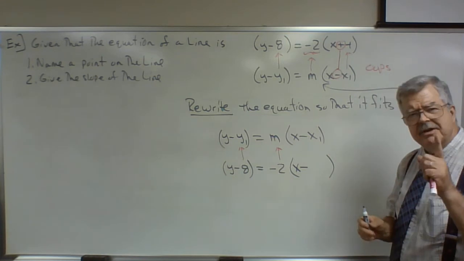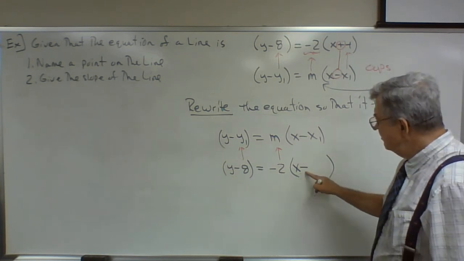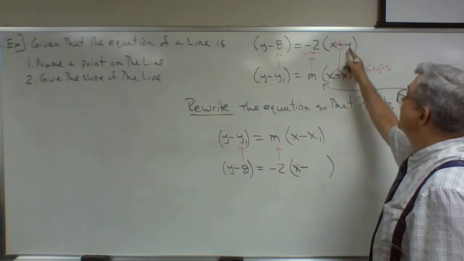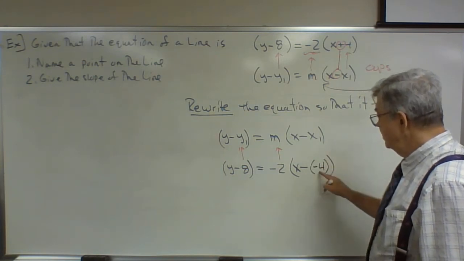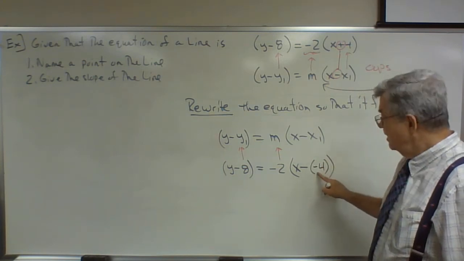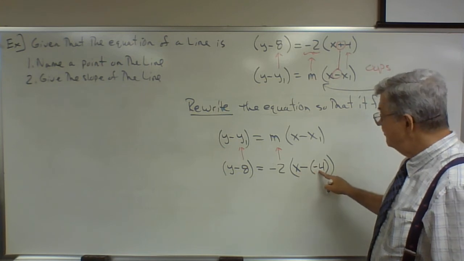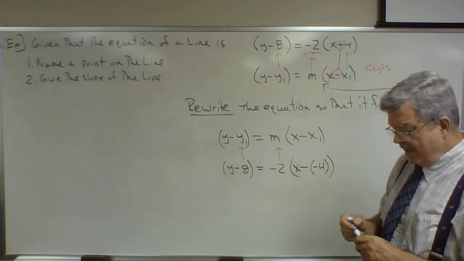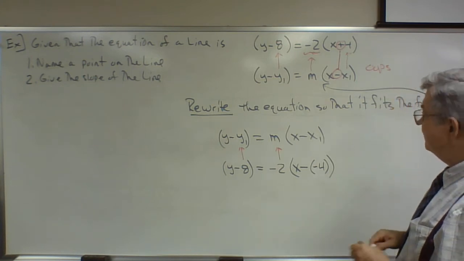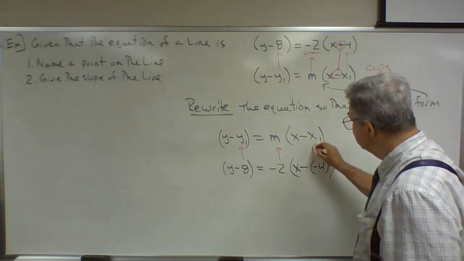Suppose I do this. Can I do this? x minus, not 4, but maybe x minus negative 4? x minus a negative 4, that is the same as x plus 4, isn't it? And now it fits a known form perfectly.